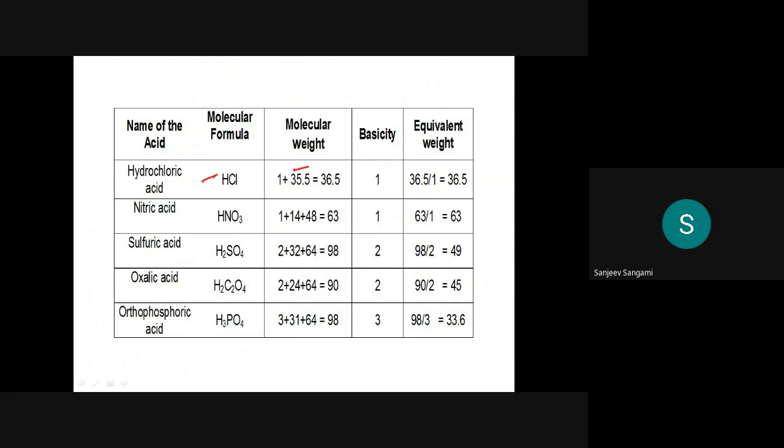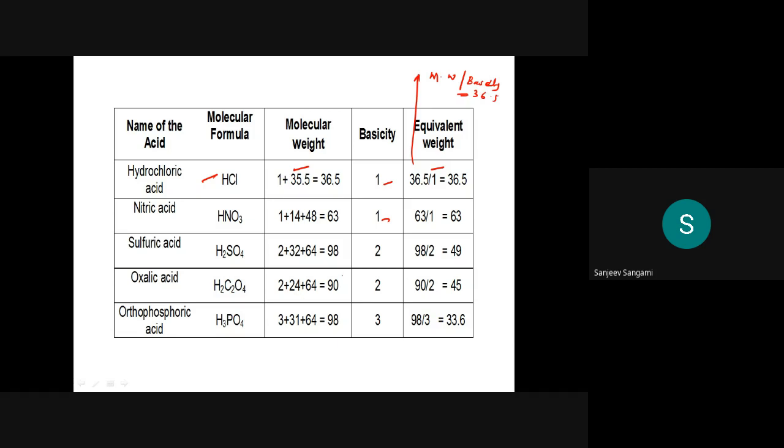Its basicity, or acidity, is equal to 1. Nitric acid again is 1. The equivalent weight is calculated as the molecular weight divided by its basicity, so that is equal to 36.5.